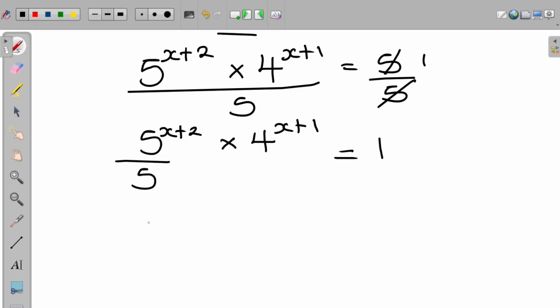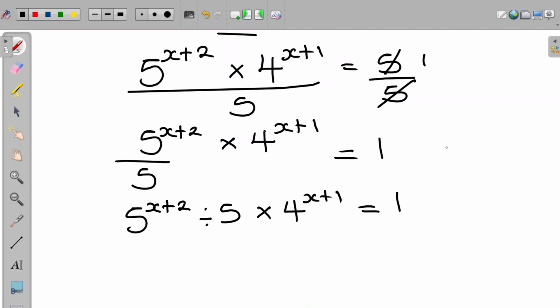So at this point, we have it that 5 raised to the power of x plus 2 divided by 5 multiplied by 4 raised to the power of x plus 1 is equal to 1.